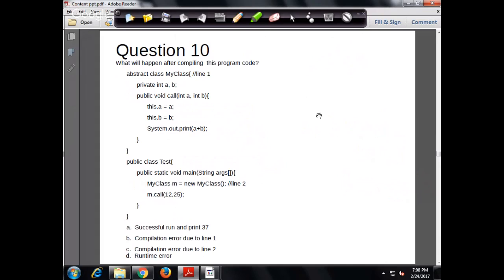It's a huge piece of code. And again, you have just 1 minute.